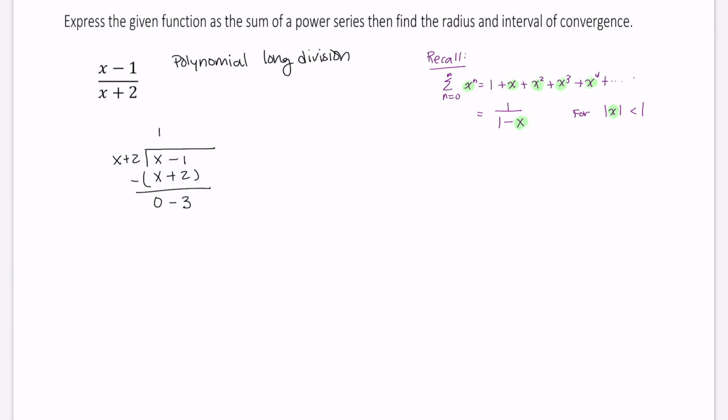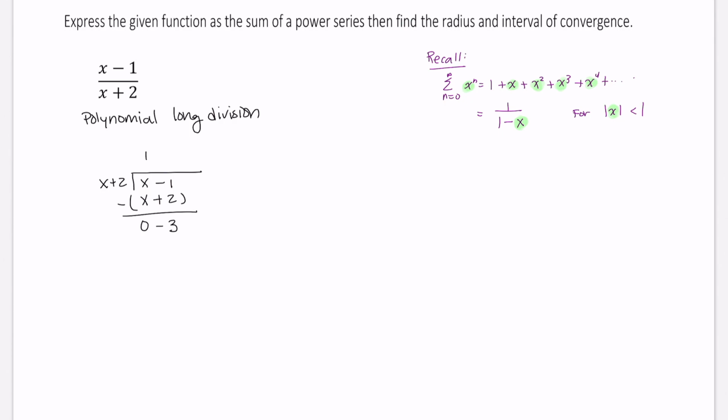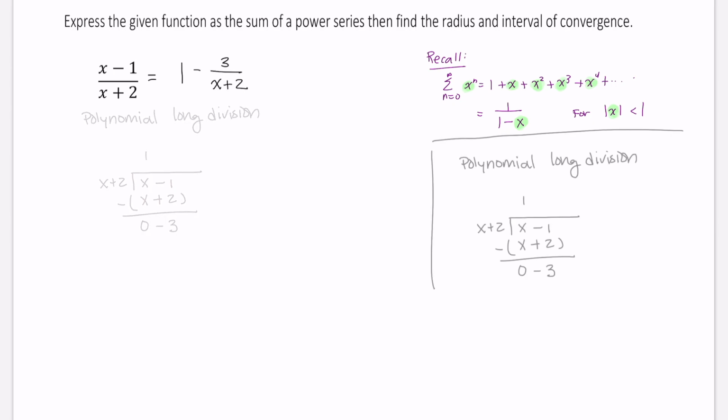Now this is my remainder of negative 3, so using polynomial long division, I can rewrite this as 1 minus 3 over x plus 2.